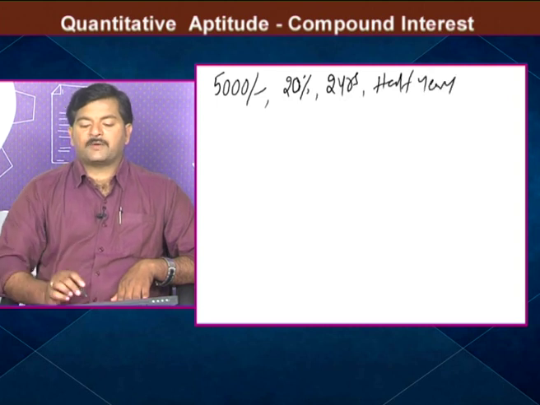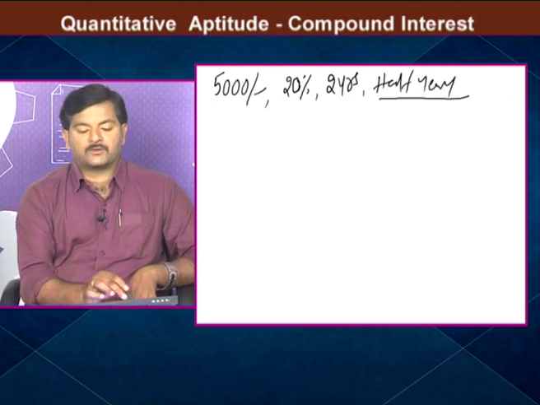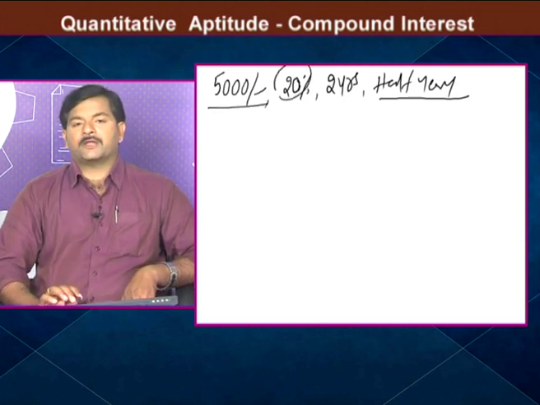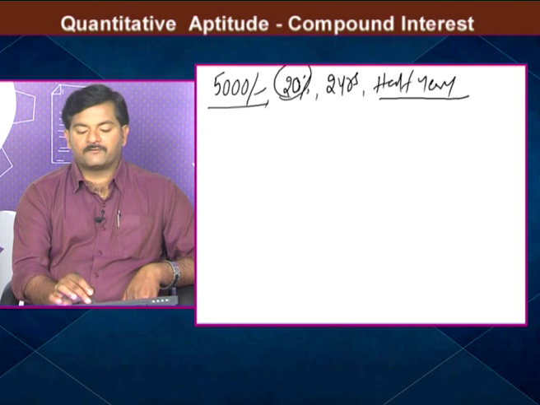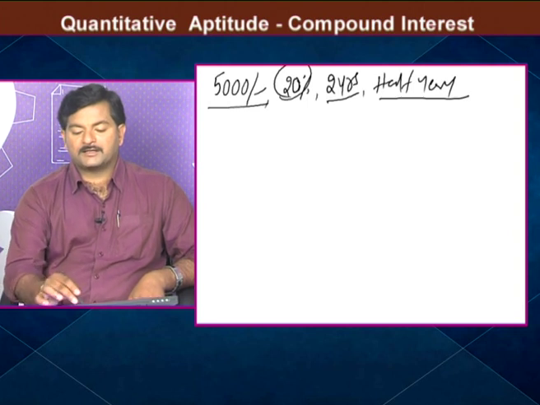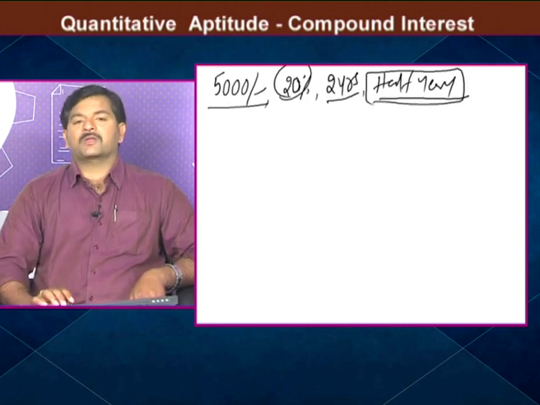So observe the given points here. How much a person borrowed? 5,000 rupees. At what rate of compound interest? 20% compound interest. For how many years? 2 years. Whether interest is compounded annually? No. He mentioned the interest is compounded only half yearly.